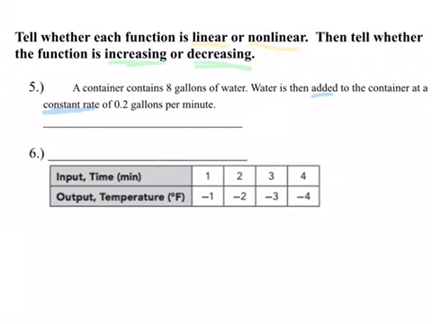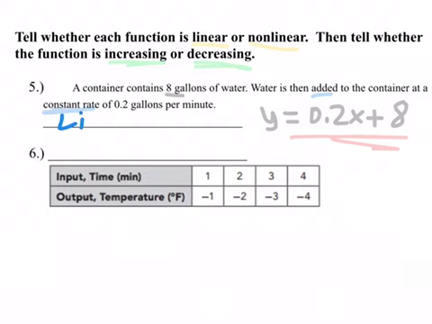So if I thought of this as an equation, y equals mx plus b, we would say y equals, we need the rate, x, plus the initial value. So it starts off with 8 gallons of water. So is this linear or nonlinear? This does create a totally normal equation in y equals mx plus b form.